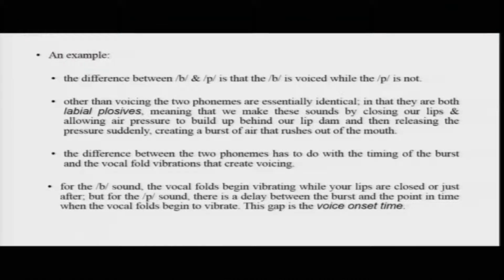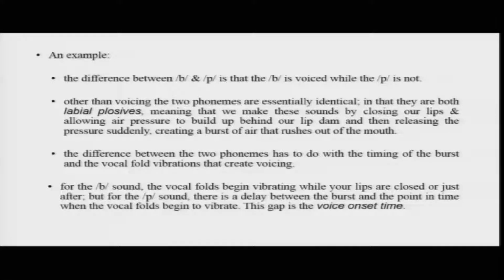The difference between the two phonemes has to do with the timing of the burst, the timing when you allow the air to come out, and the gap after which your vocal folds start vibrating. So I say ba versus I say pa. There is a difference in the time that the vocal cords start vibrating. For the b sound, the vocal cords begin vibrating while your lips are closed.